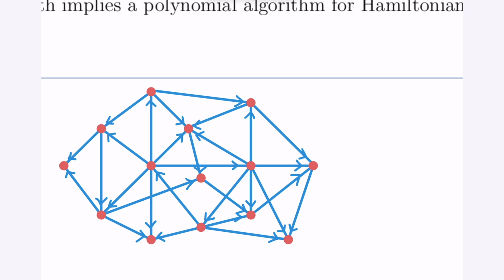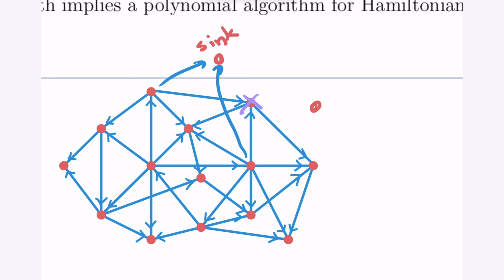Okay, so we're going to replace this vertex with two copies. One copy gets all the in edges, which is this one and this one. So this is the incoming one, the sink version.